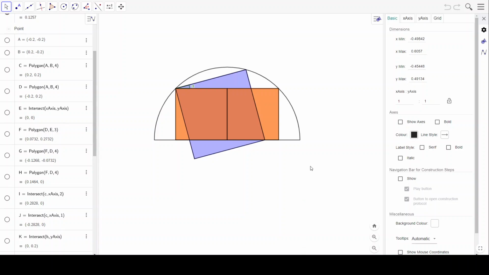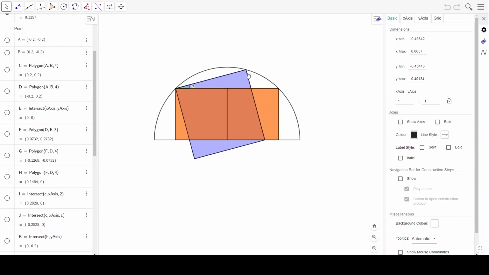In this video I will solve the puzzle Bottoming Out 2, shown here. What you see is a semicircle with 2 inscribed orange squares and a blue square that shares a vertex with the left orange square, which is also on the semicircle.